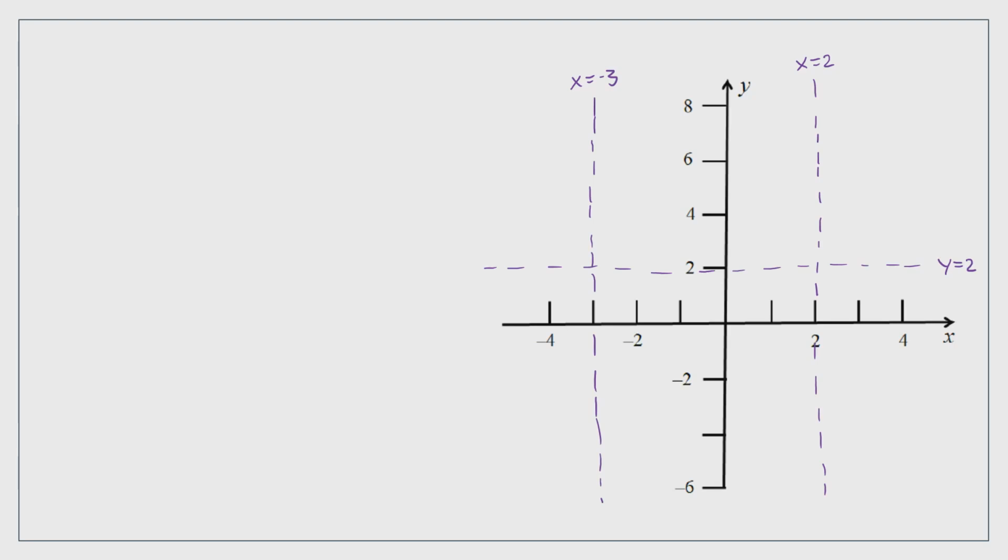Okay. So let's now plot some points, especially the ones that we already know. So we know we have a point that lies on our horizontal asymptote, and that's the point 3, 2. We then also know our y-intercepts and our x-intercepts.